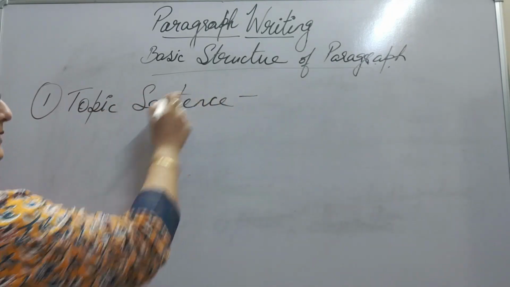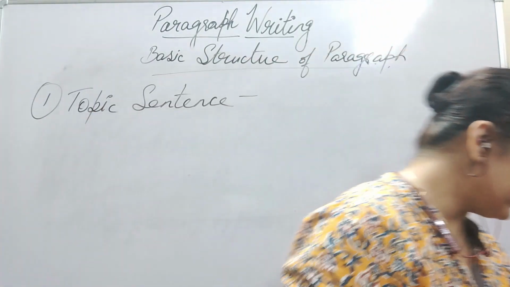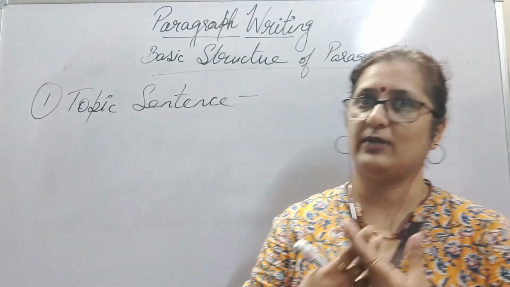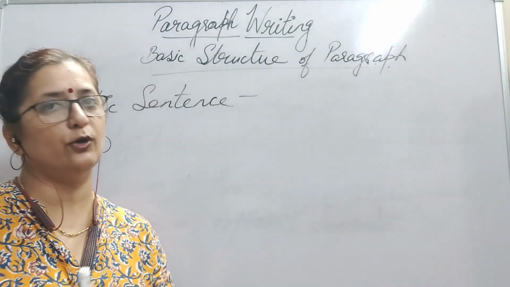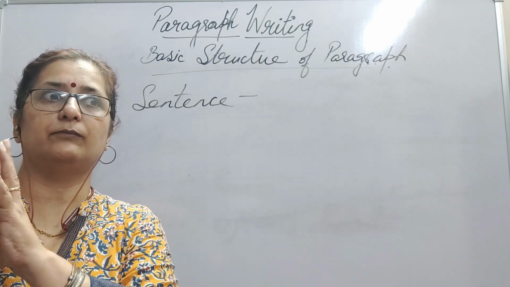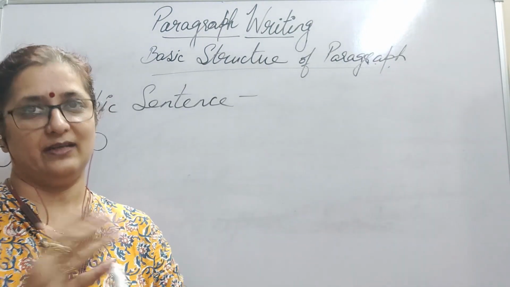Right, now what is the topic sentence here, children? Well, the topic sentence is obviously something related to your topic, something related to the heading. So you have to have a proper heading to your paragraph. Suppose you are talking about an incident. You can give a nice heading to that relevant topic.